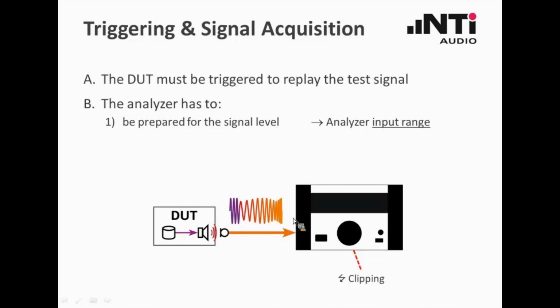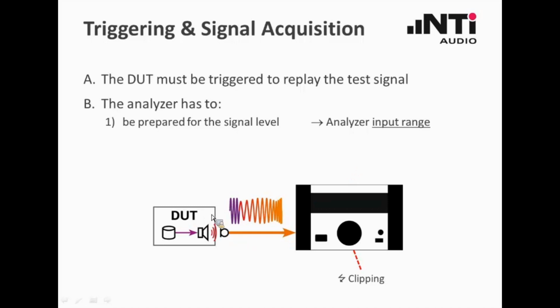In that case, you would cause a clipping in the analyzer, and the clipping would apparently completely destroy your measurement result. On the other side, if the input range is too wide, if you could accept huge signals, but the incoming signal in fact is very small, you lose a lot of resolution, a lot of measurement accuracy. And for that reason, you have to adjust this input range properly to cope with the level of the incoming signal.